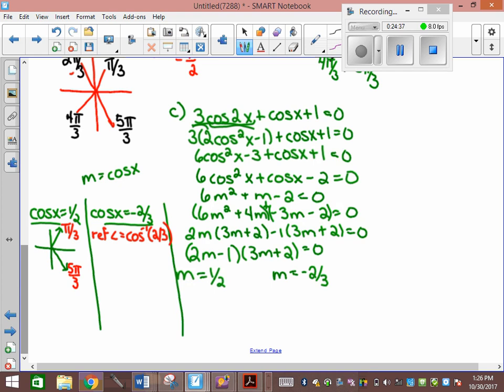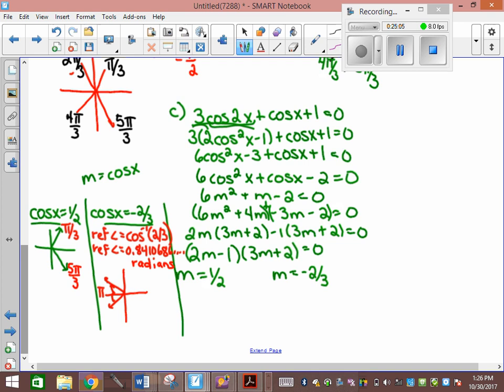So I'm going to get a reference angle of 0.841068 radians. If you want to do it in degrees and convert, go ahead. I'm doing radians. So now cos is negative here and here. Our reference angle is here and here. So we're just going to take that and subtract it from pi to get this one.